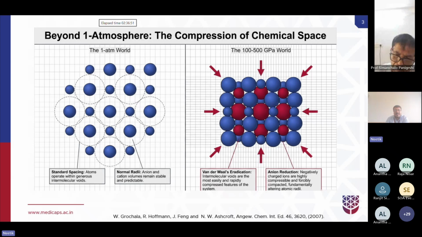However, when the pressure increases, the void space becomes narrow and they come very close to each other. In such a situation, the highly charged anion, which is usually diffused due to high electronic localization, gets compressed, and that leads to changes in the properties of the system.